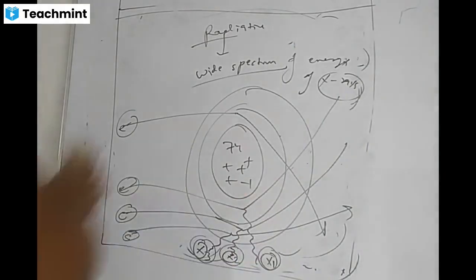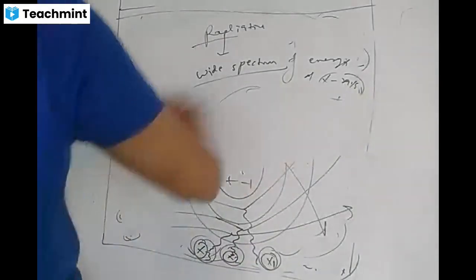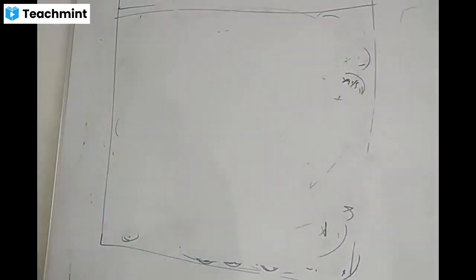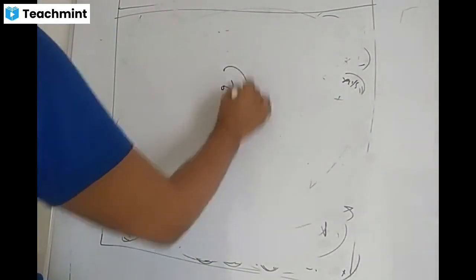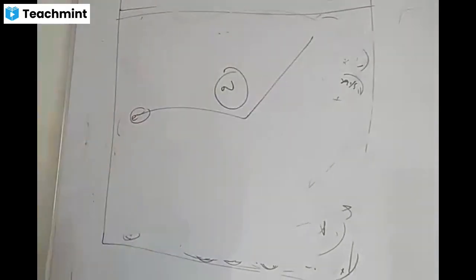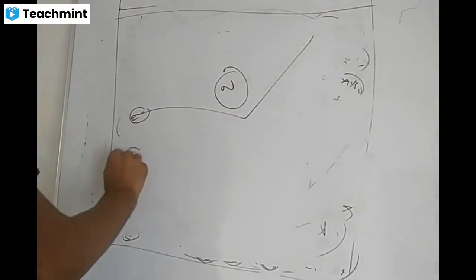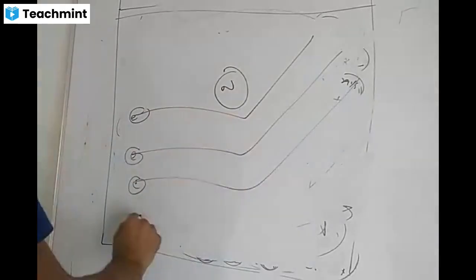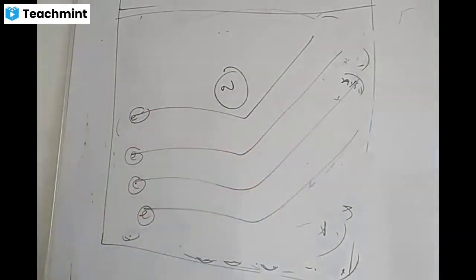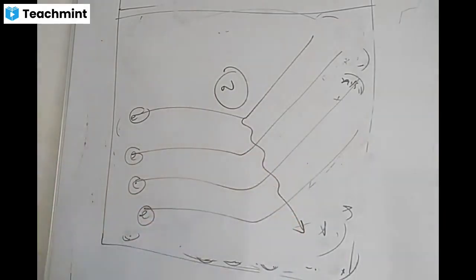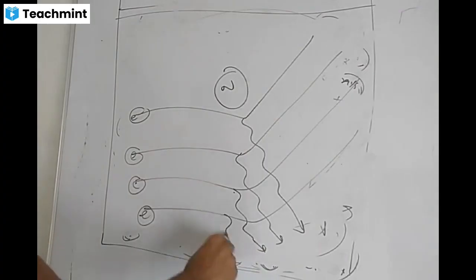So in this way, as the electron is passing near or far with the nucleus, this is the nucleus, and if electron passes, it will bend at this point. If it is little away, it will bend less, and it will bend least. But in all the cases, it is losing energy, that is X-ray. It is also losing energy, X-ray. It is also losing, and this one.